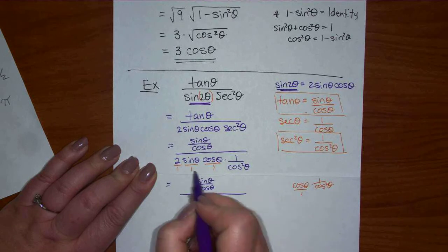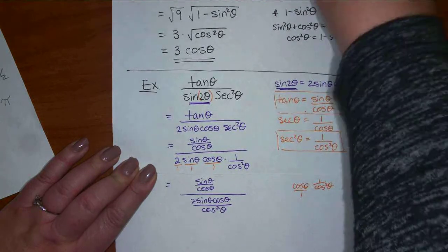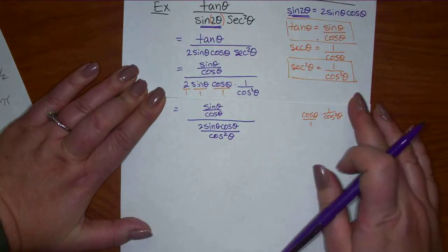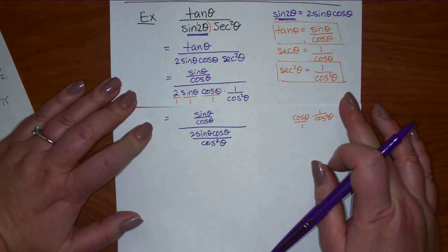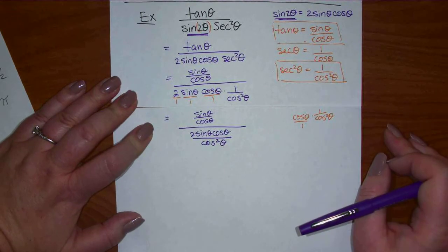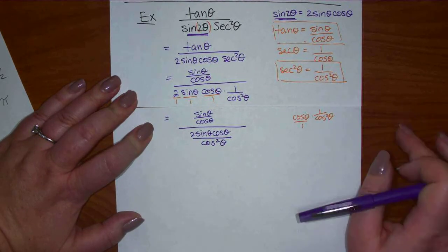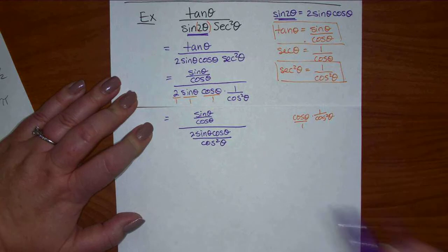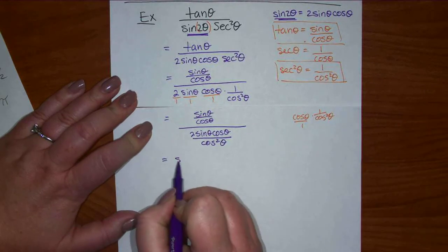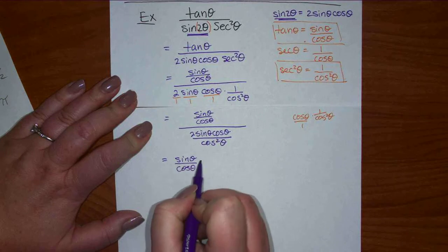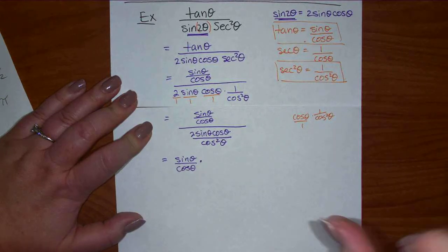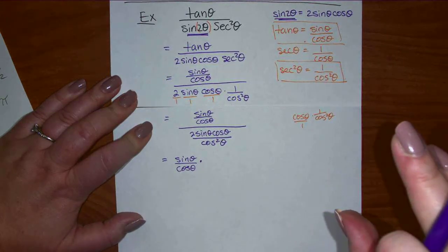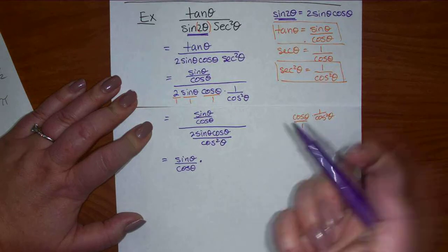Because 1 times cos squared is just cos squared. Do you see that? Now what do we do when we divide by a fraction? We rewrite the top, and we multiply by the reciprocal, which is flipping over the bottom. So we flip over the bottom.